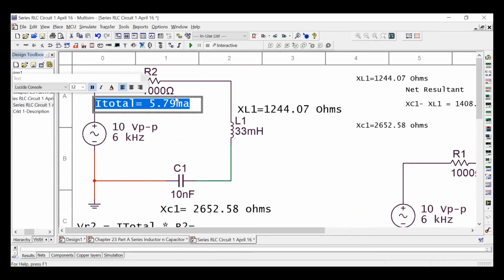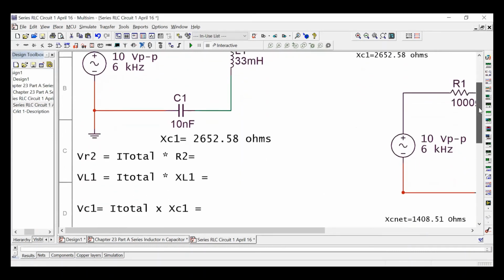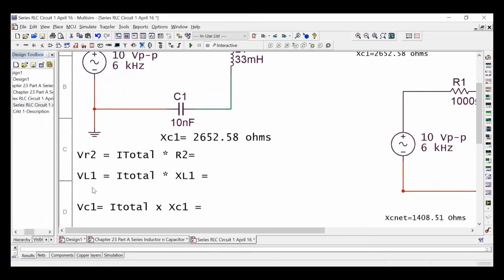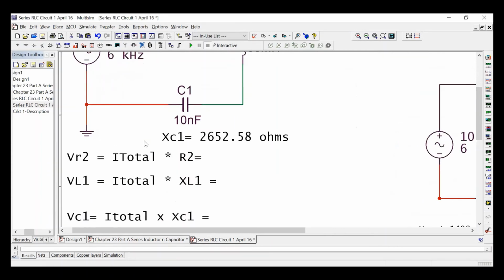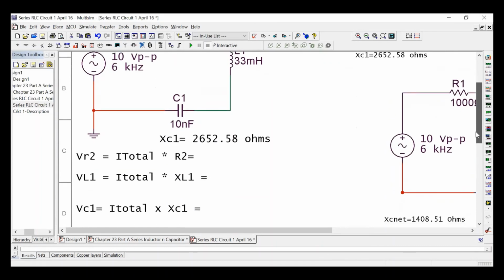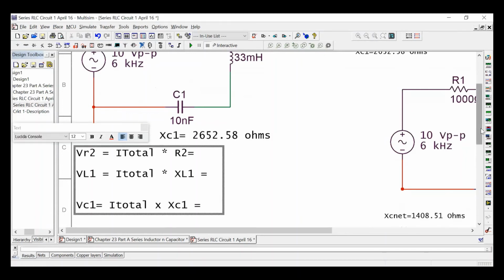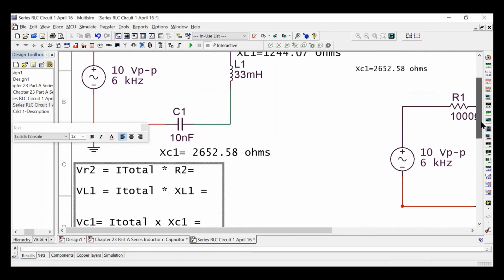I'm going to put that in a different color. I just want to get a color on it. Let's go blue. Okay, so now what we can find on here is the following. So that's why I left it: IR, VR1, VR2, VL1, and C1. In this case, we're just going to use Ohm's law, the IR relationship.